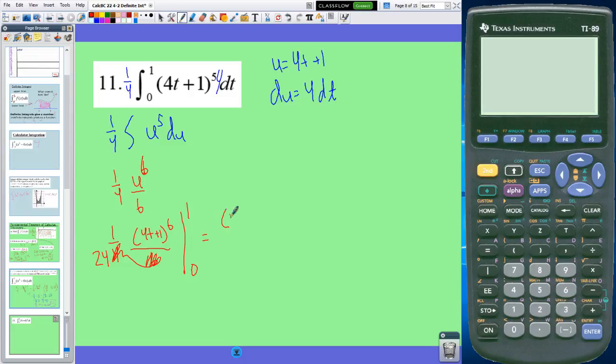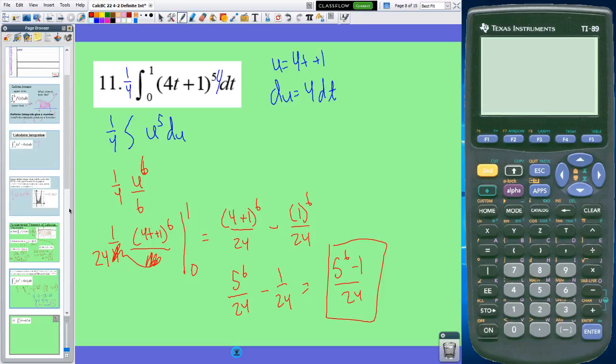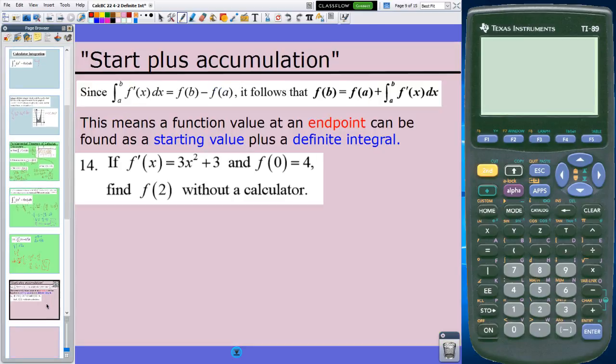You're going to get 4 times 1, or 4, plus 1 to the 6 over 24, minus 4 times 0, which is going to be just 1 to the 6 over 24. So 5 to the 6th power over 24 minus 1 over 24. And so 5 to the 6th minus 1 over 24 is your answer. Not going to do that. Just leaving it.